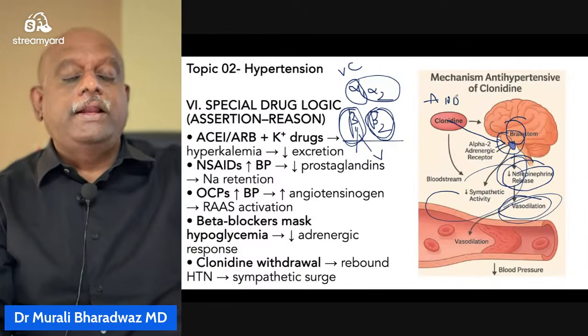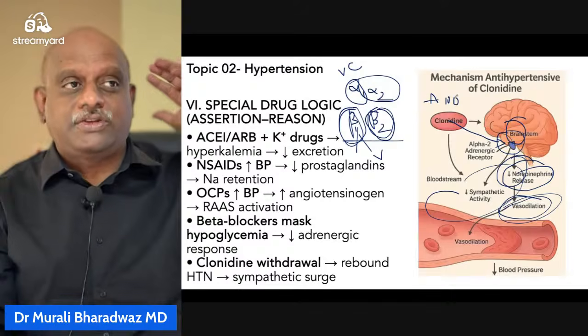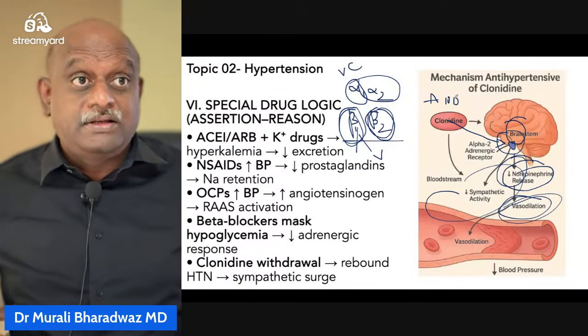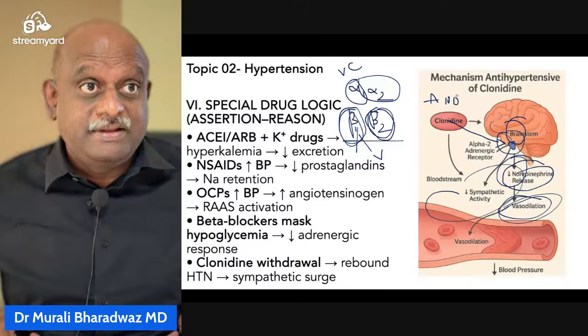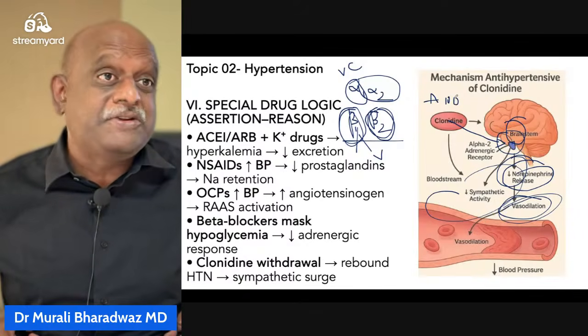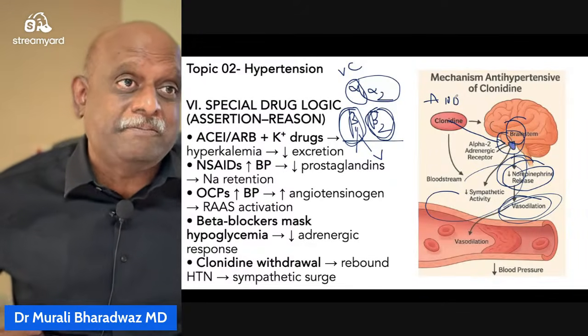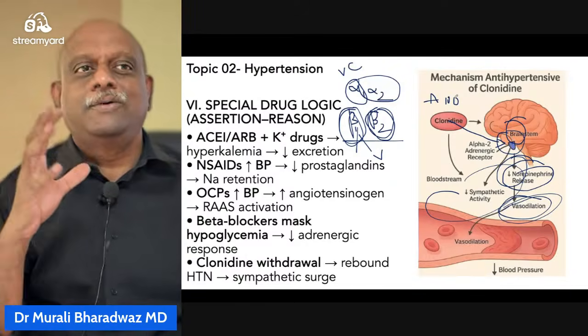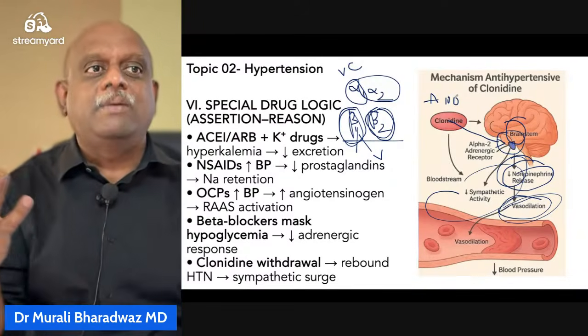Especially, clonidine is the favorite drug for the nephrologists. Their patients' kidneys have failed, and they won't listen to simple atenolol or metoprolol or telmisartan. You have to use the Brahmastra, which is clonidine, Arcamin tablet.